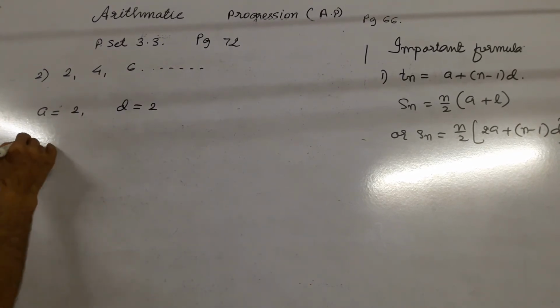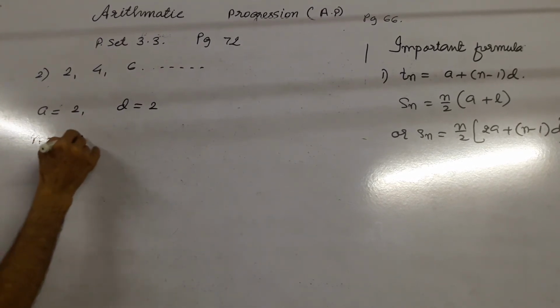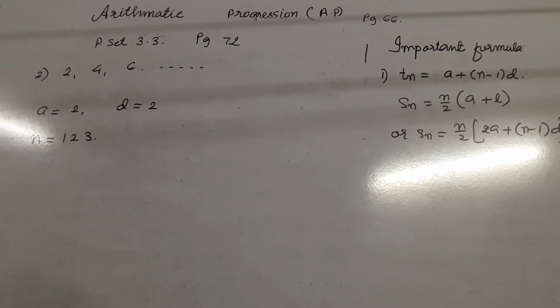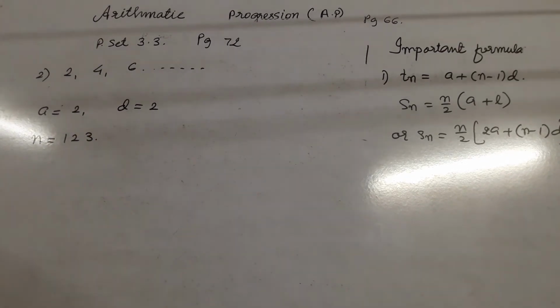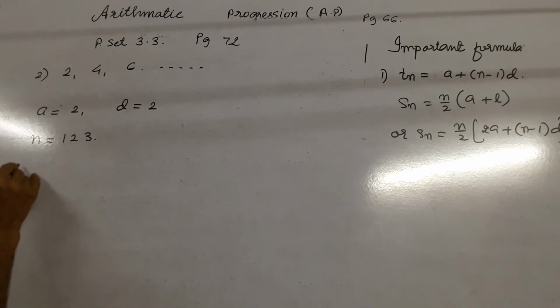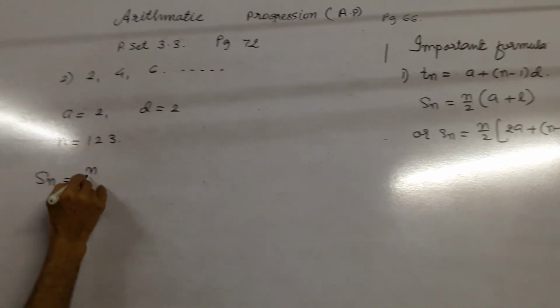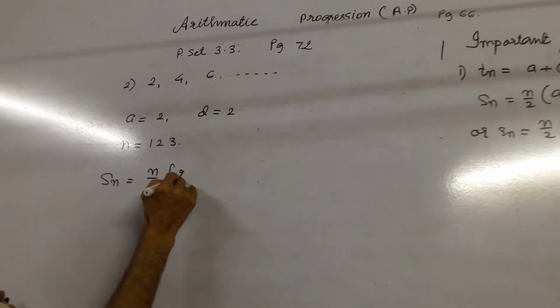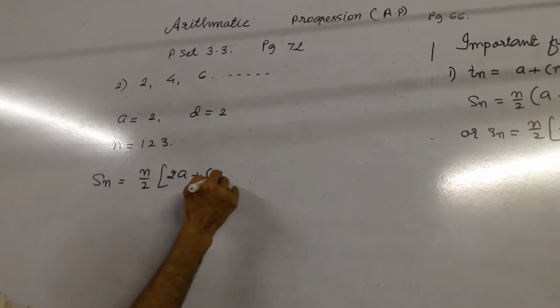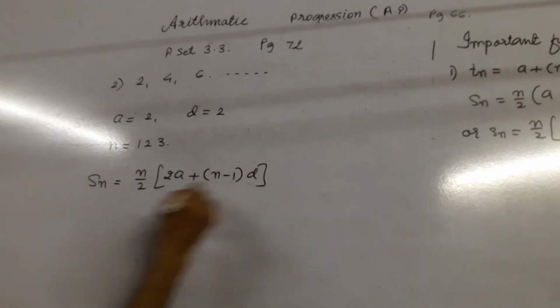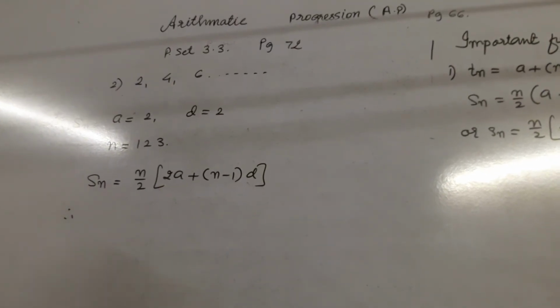N is 123. The sum of 123 natural numbers. Therefore, Sn equal to, write the formula first. Sn equal to N upon 2 bracket 2A plus N minus 1D, and just substitute the values and you get the answer.